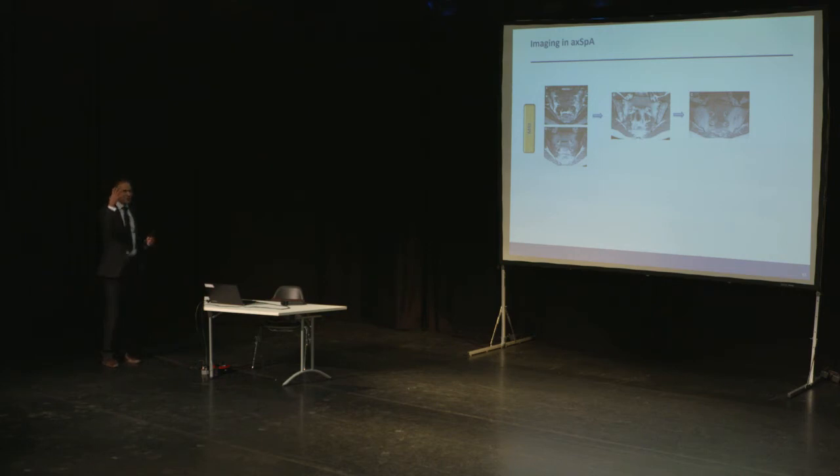So in this, just to detail that a bit more, we're talking about a process of inflammation that then develops into fat and causes structural change with erosions, that then goes on to form new bone formation and fusion. And that's where, going back to the original picture I showed you, the man is unfortunately like that because he's had new bone forming all the way through his lumbar, thoracic and cervical spine.